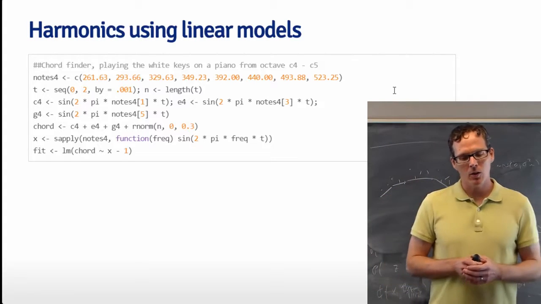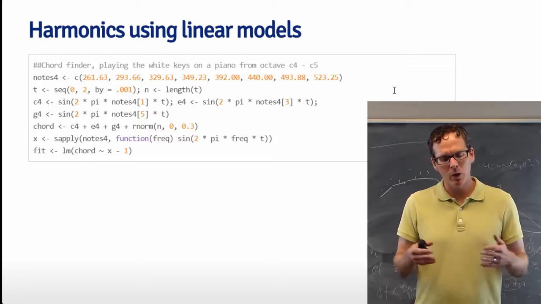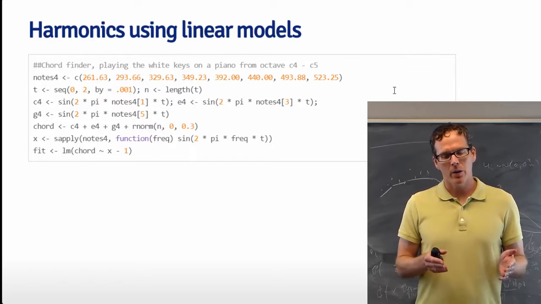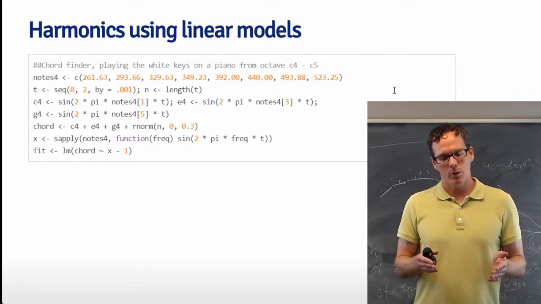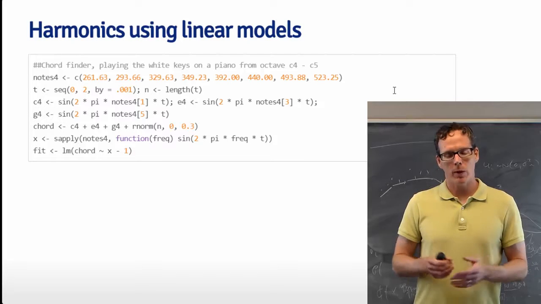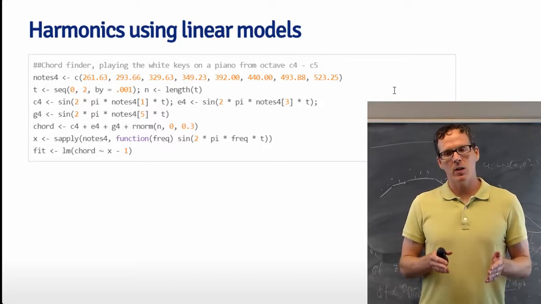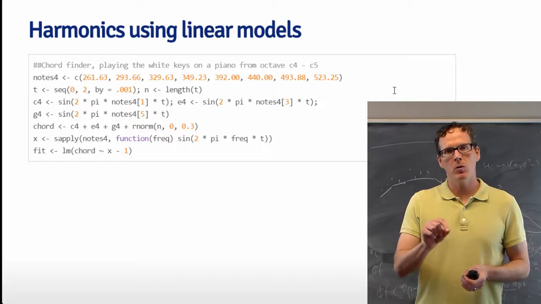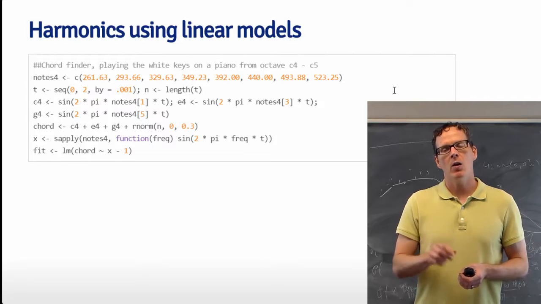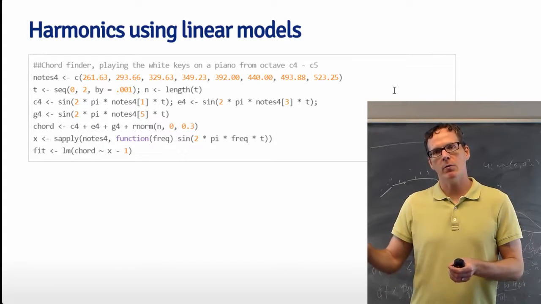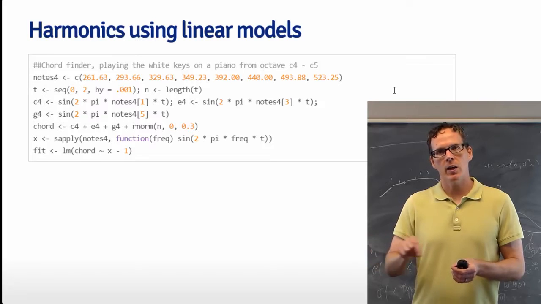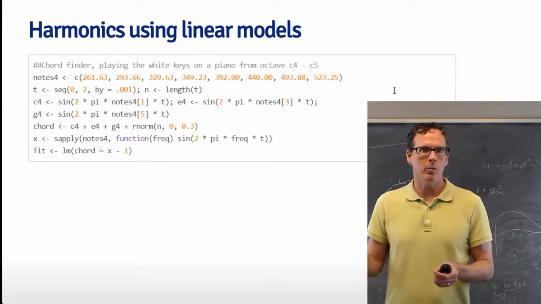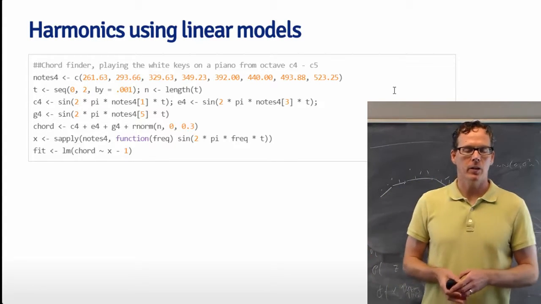So here I took this data, or I generated the data, but I got the frequencies for the various notes off a web page. And these are the frequencies if you start on the middle C key on a piano and go up 1 octave to the C key again. So that's probably maybe the most important part of the piano.